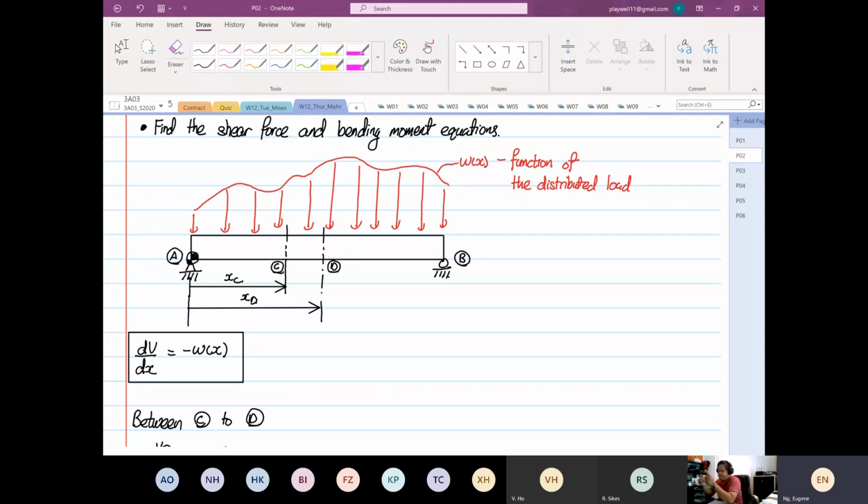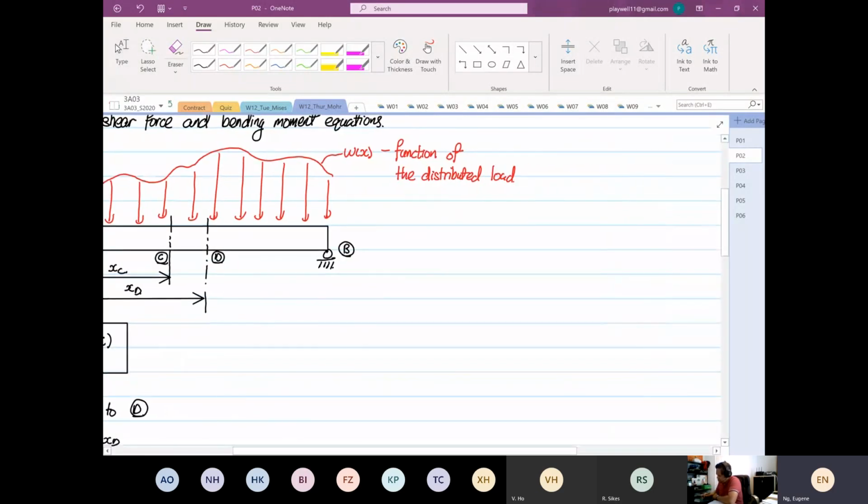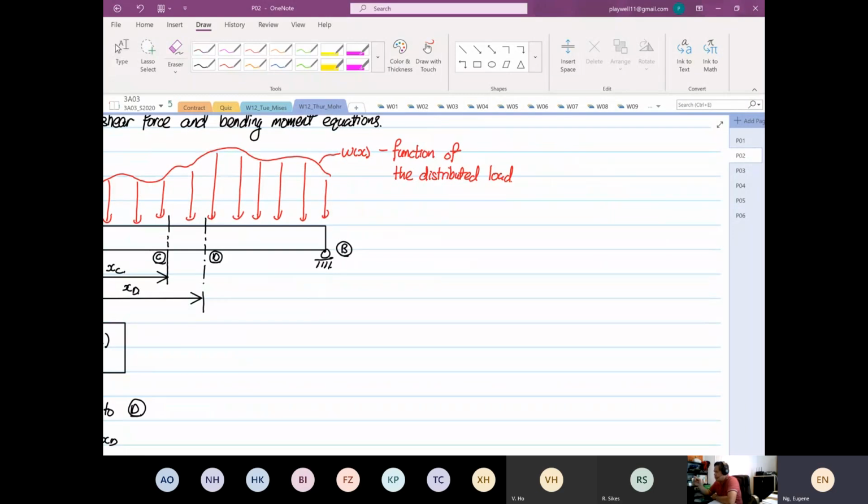Okay, so now, let's look at evenly distributed load or gradient distributed load. When you learned this, you learned it based on positive shear and positive bending moment, right?